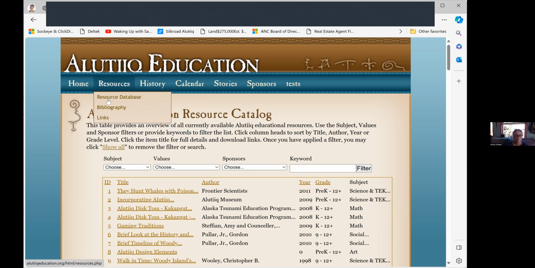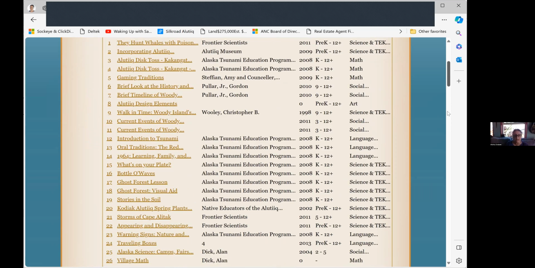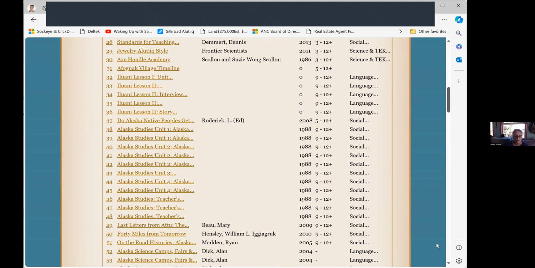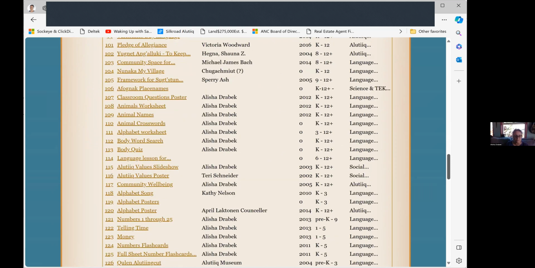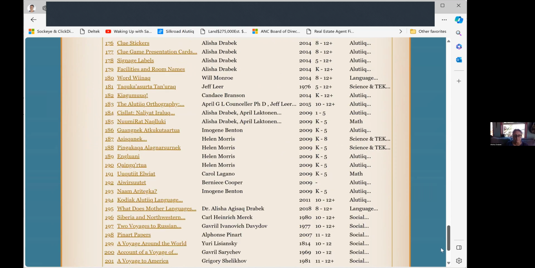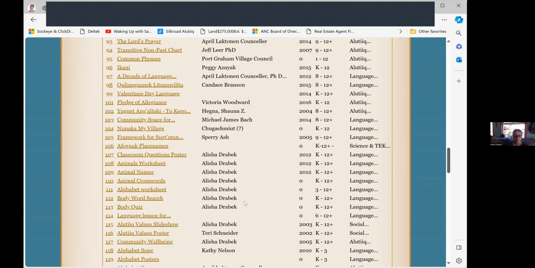But at the resource database, if you click on either the resources or resource database, it takes you to this catalog. And this is the content that I was mentioning that the school district had. If you scroll down, you can see there are a little over 200 items housed here, and they are organized.